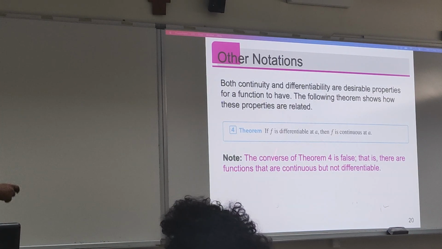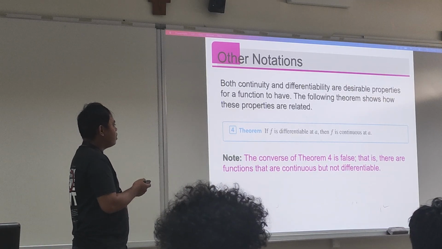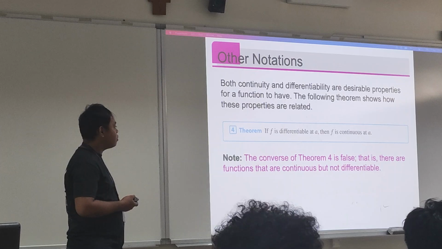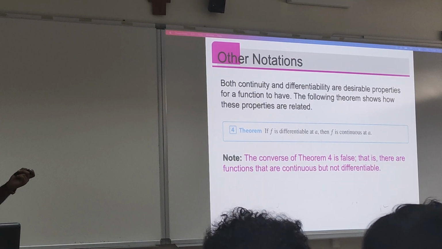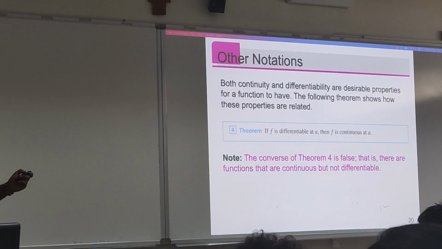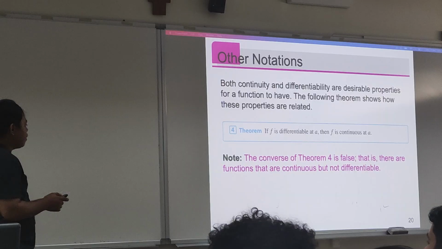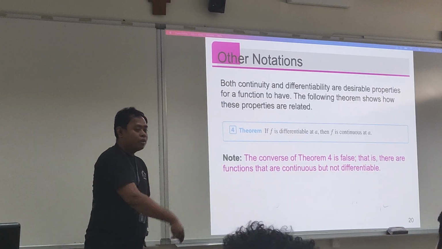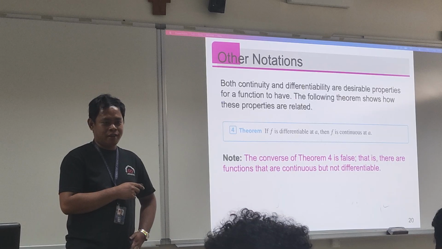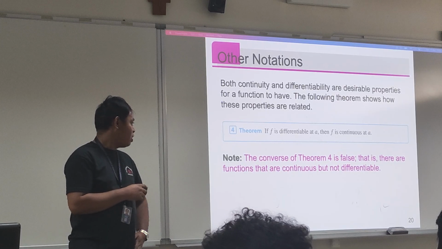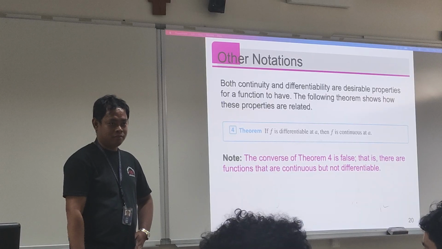So we have this theorem. Both continuity and differentiability are desirable properties of a function. The following theorem shows how these properties are related. If f is differentiable at a, then you know that f is continuous at a. If we verify that it is differentiable, it is automatically continuous.